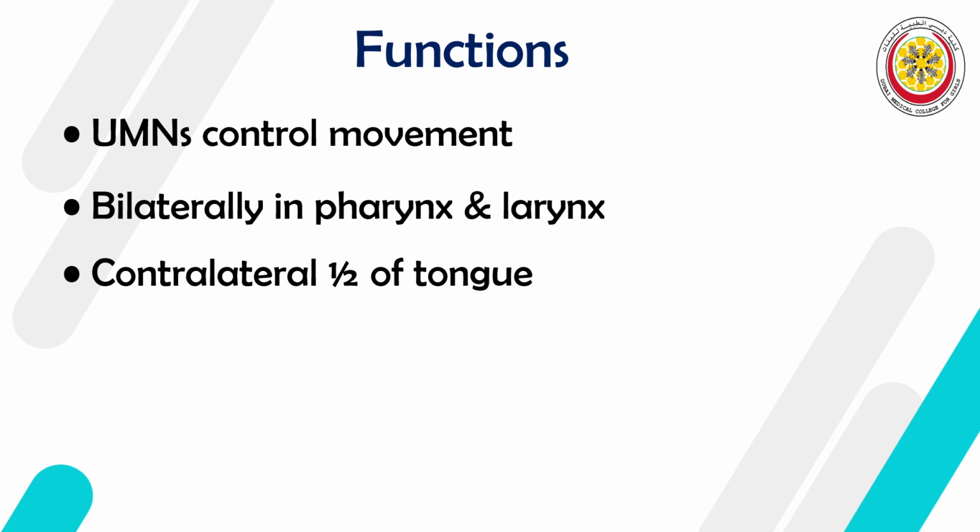These are very important, essential and vital organs, because if we have a problem in these, people can die. So as a precaution, we supply them from both sides. If we have a problem on one side, no problem. The other side will take over. So the pharynx and larynx are bilaterally supplied.